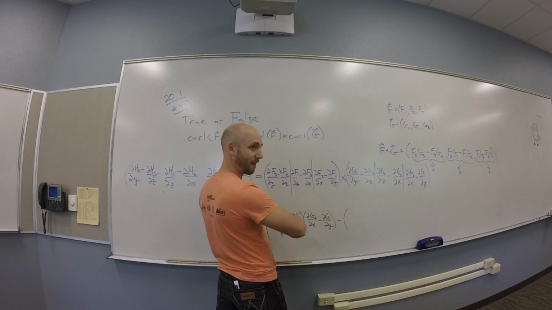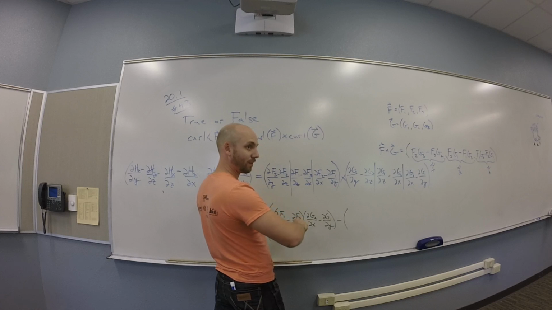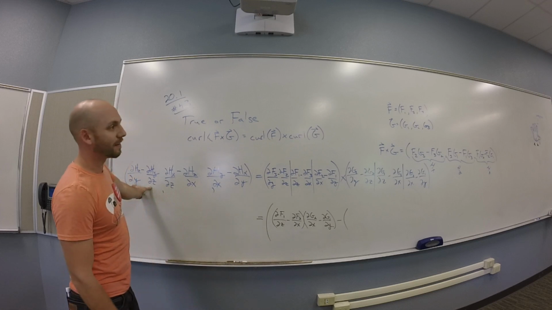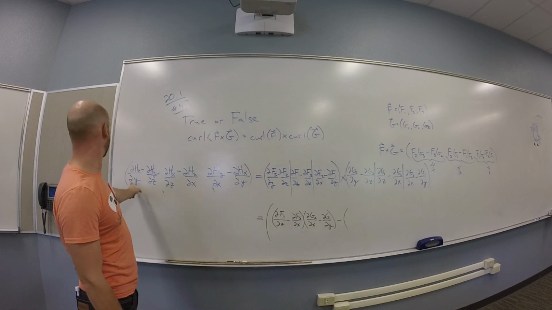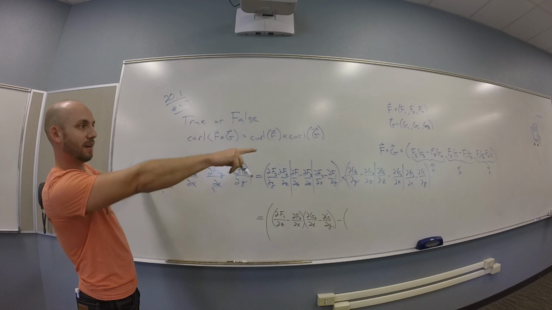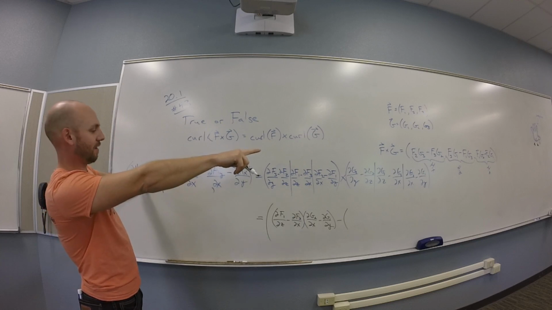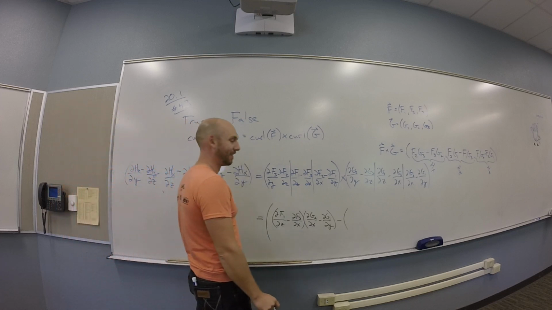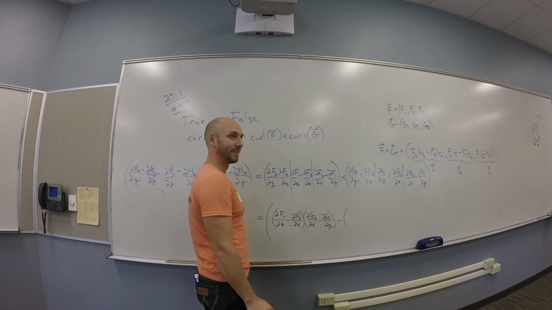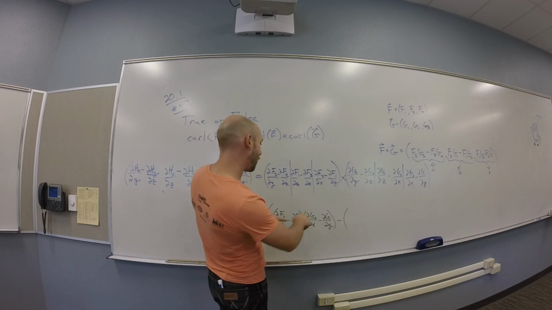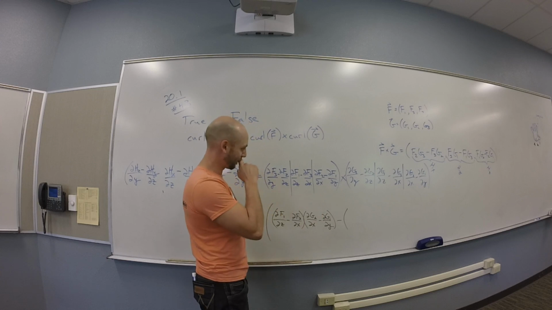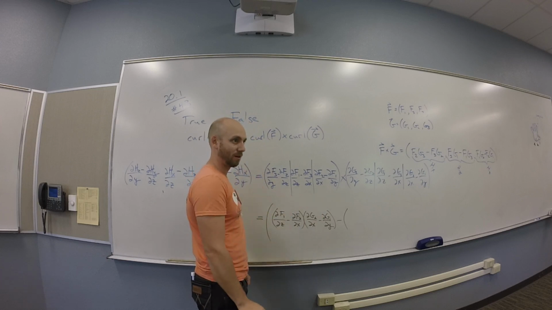Well, the F1 might cancel out in the subtraction. I'm looking at this and I'm thinking, hey, the HZ has an F1 and a G2 in it. It's possible they could be the same. That would be kind of neat. So let me see. I've got these, and then what was the second part of the X component here?